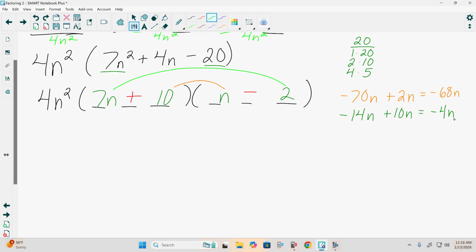Now, yes, we can't plug the variables in the calculator, but we can do the coefficients. So our 7 times negative 2, 10 times 1, negative 14 plus 10, giving us negative 4n. But we didn't want negative 4n, we wanted positive 4n, so we switched the signs.